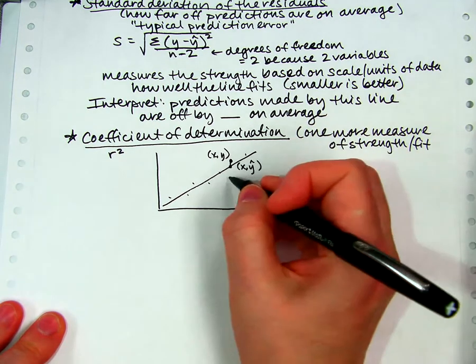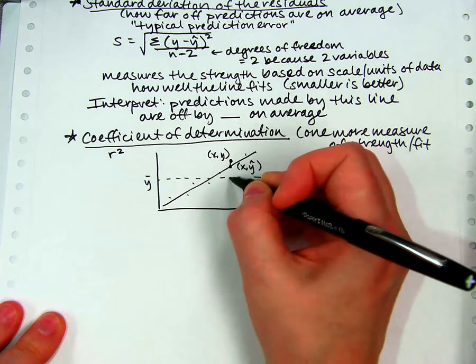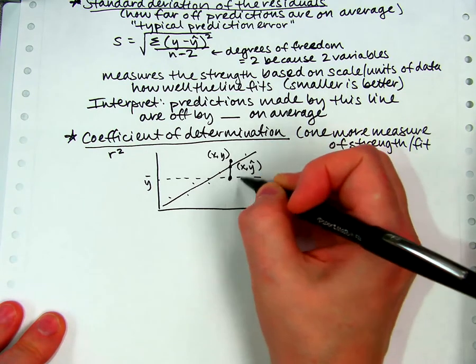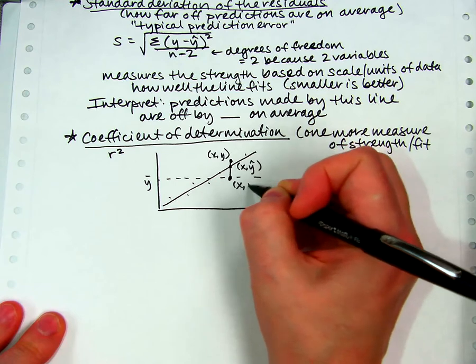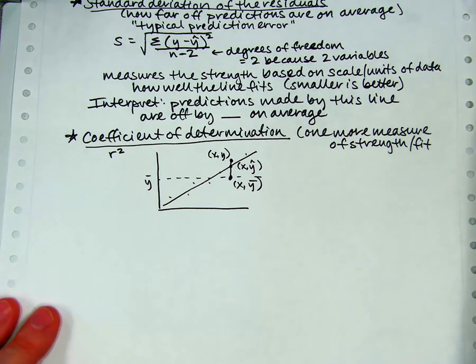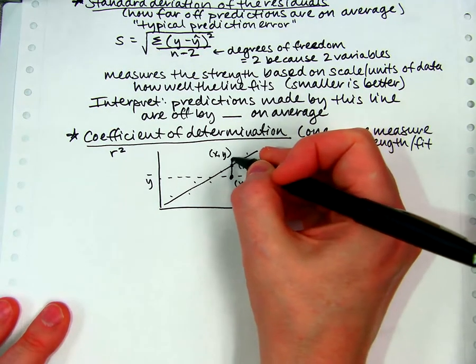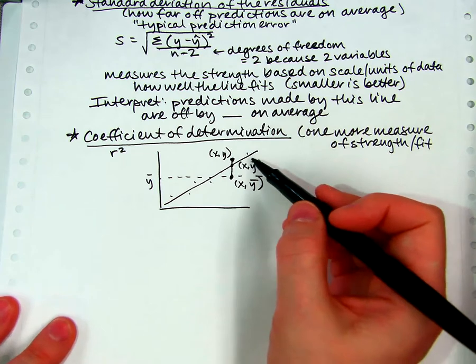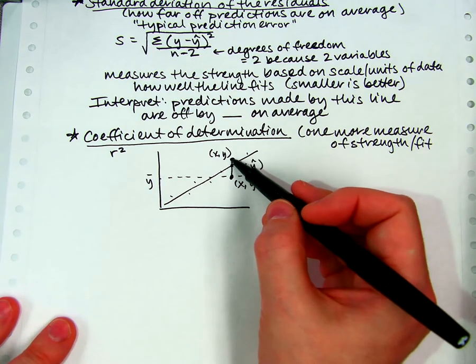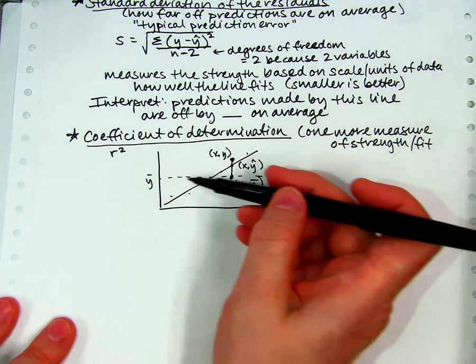And then there's another one that is where the Y bar is. So this point right here is X comma Y bar. So now there's 3 different Y values depending on what you know. So we have the actual data value. And if I didn't know anything else about this data value, if I didn't know what X is, then actually my best guess for Y would be Y bar.